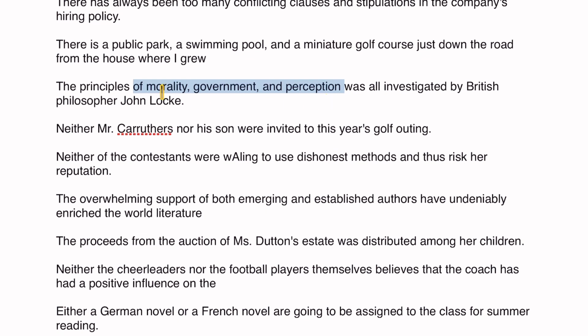Prepositional phrase of morality, government and perception. الغيها. The principles was all investigated by British philosopher John Locke.